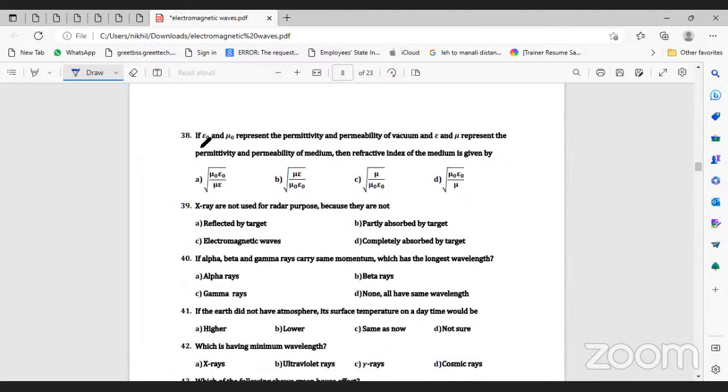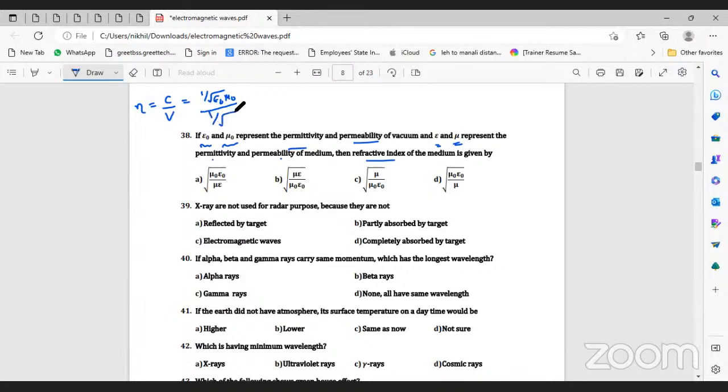Coming to this. Epsilon and mu r represent permittivity and permeability. What is the refractive index of the medium? How do you define the refractive index? Refractive index is defined as the speed of light C by V. What is C? 1 by root epsilon naught into mu naught.